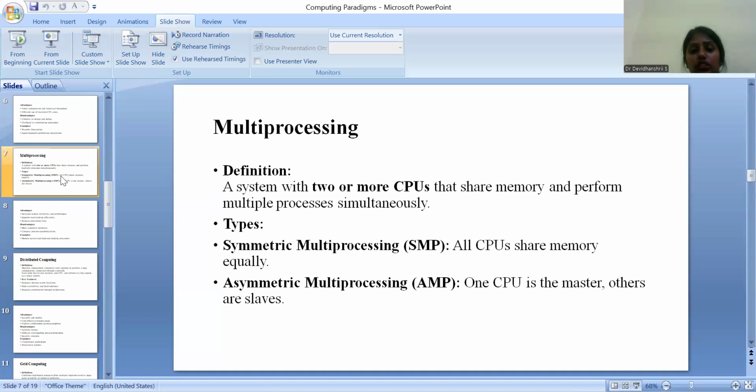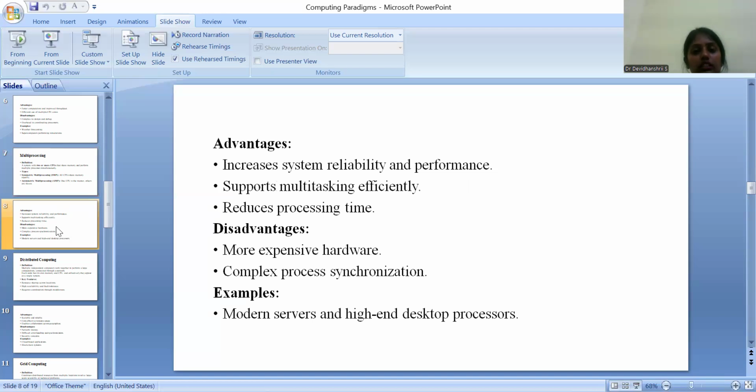In symmetric processing, all CPUs share memory equally, and in asymmetric processing, one CPU is the master and the others are slaves. Advantages are that it increases system reliability and performance, supports multitasking, and reduces processing time. Disadvantages are more expensive hardware and complex process synchronization.